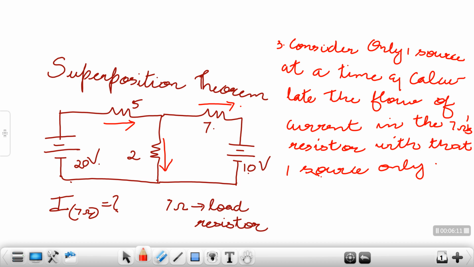So here we consider your 20 volts. That is, we keep 20 volts.